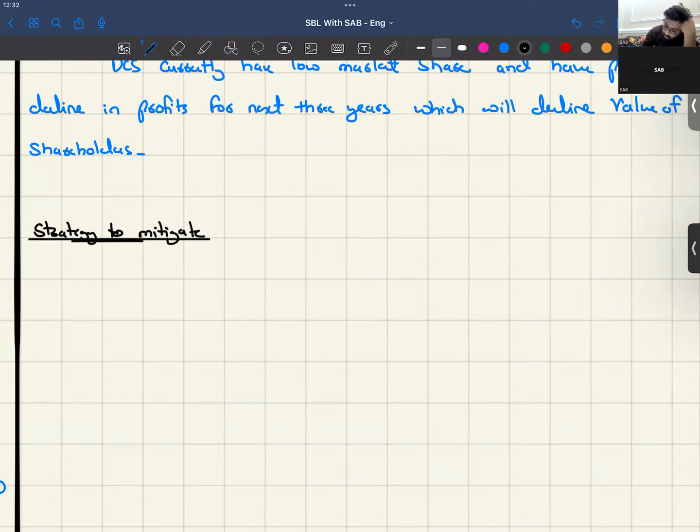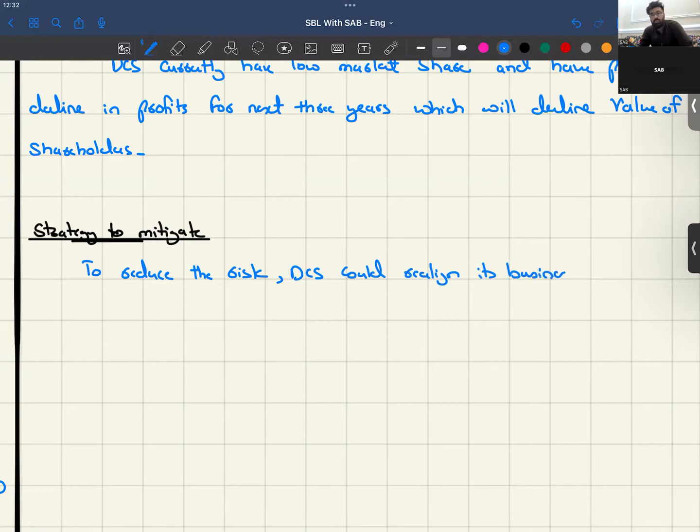I'll be saying that to reduce the risk, DCS could realign its business towards more successful markets. You could turn around your business to the successful markets, right? You could gain some market share, right?